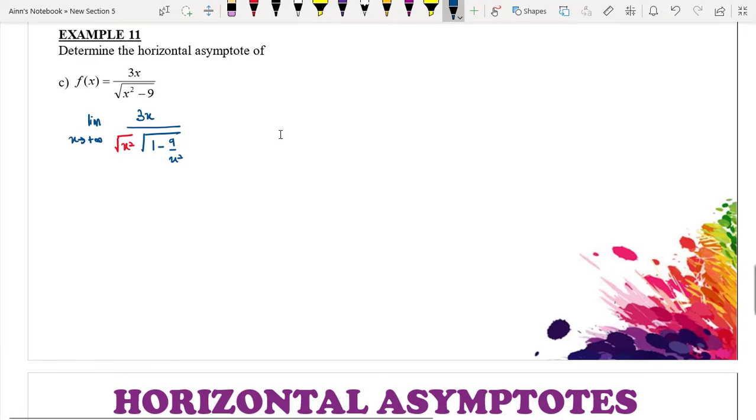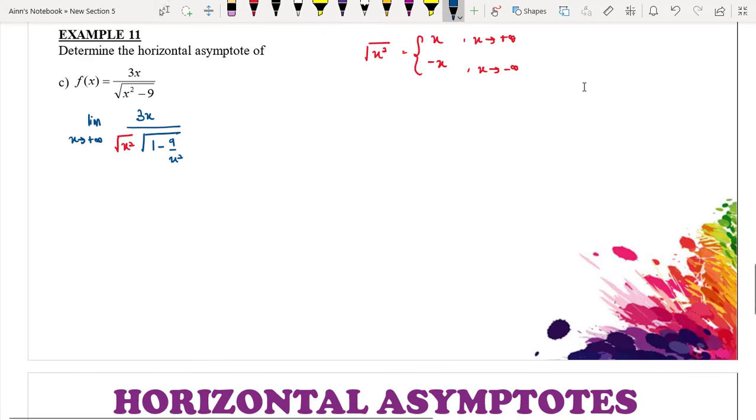So okay. Now again the definition, as I explained in the previous video: the square root of x squared equals positive x for x approaching positive infinity, and negative x for x approaching negative infinity. So now, with x approaching positive infinity, the square root of x squared changes into positive x.